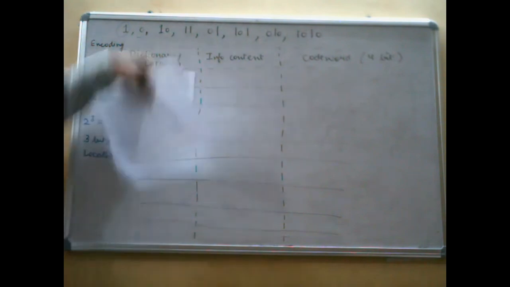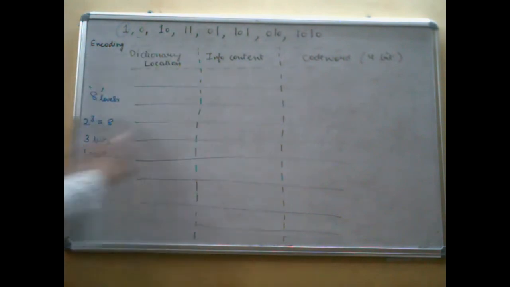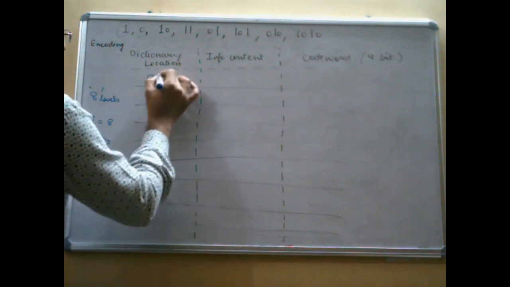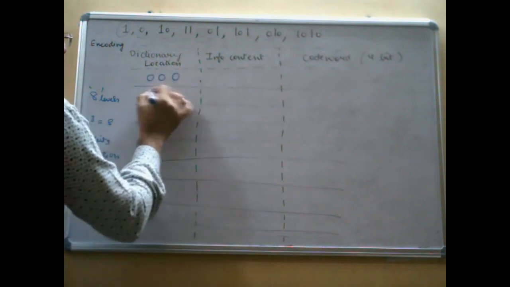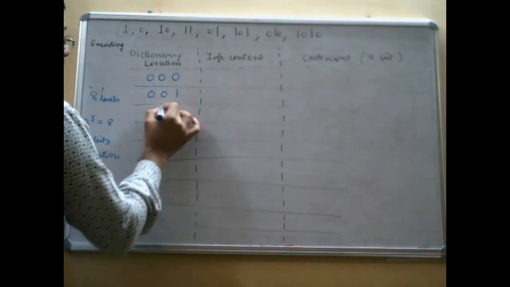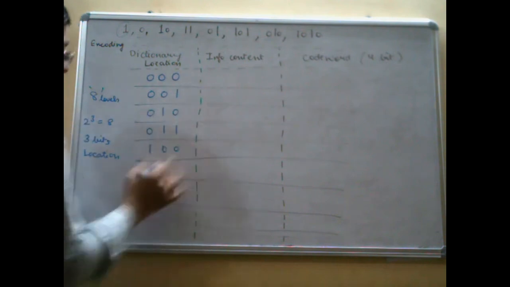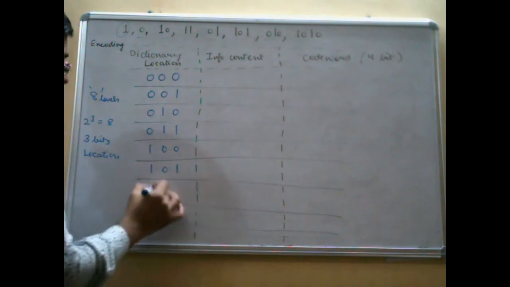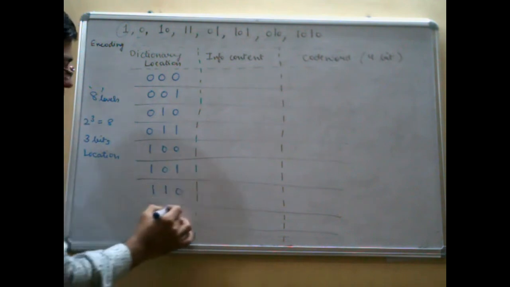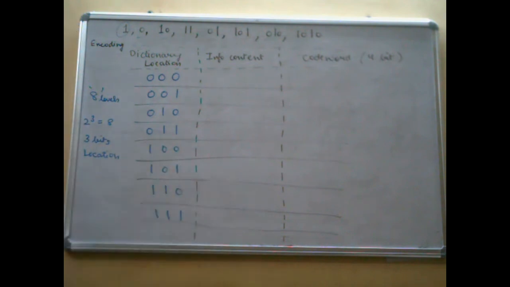So I will use 3 bits for dictionary location. Write it down. It will be 000 the first location, 001, 010, 011, 100, 101, 110, 111.